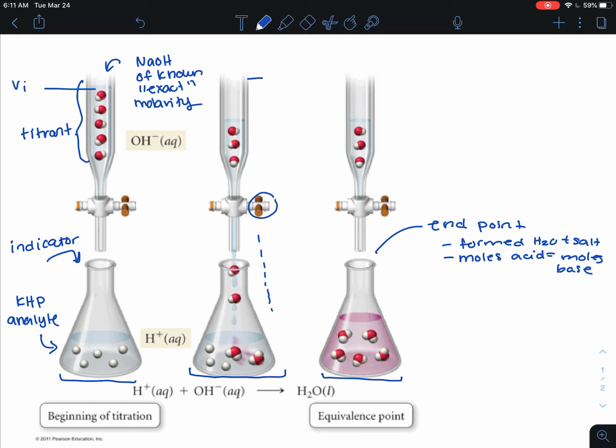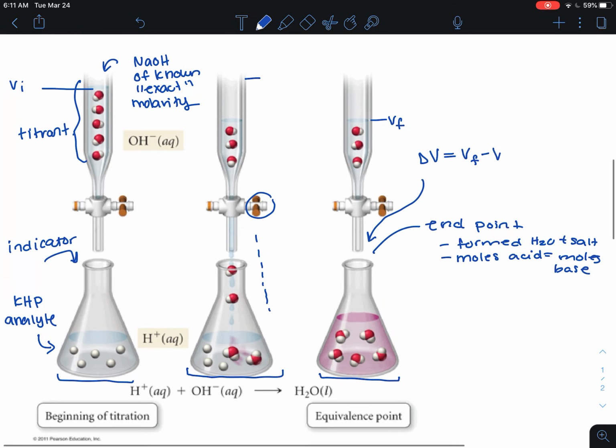What's important in a titration is you will be given, let's say you start right here, right? This is your volume initial. And then here you can see your volume final. So you calculate the volume difference, because that's what actually goes into your flask, of the final volume minus the initial volume.